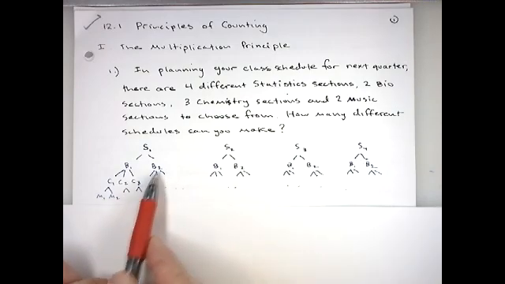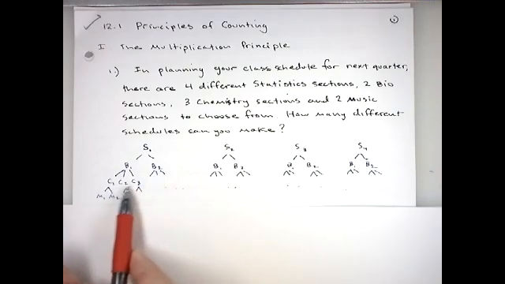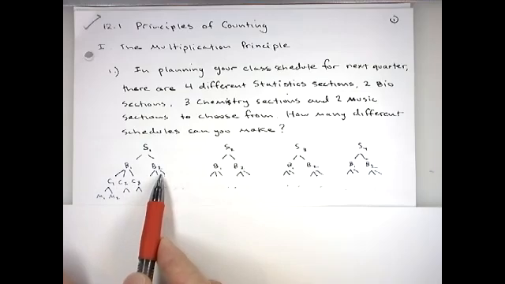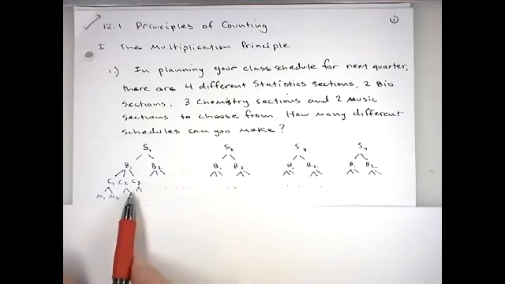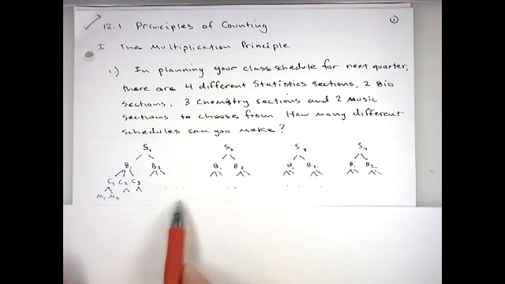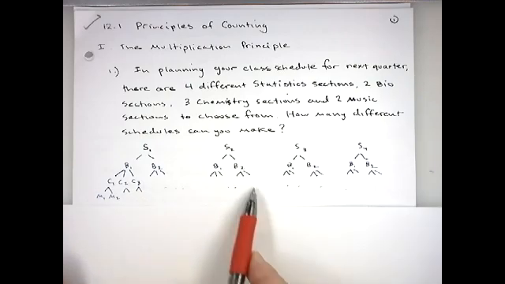Once you pick your bio sections, then you have 3 chemistry sections to choose from. So you can imagine 3 branches coming off from each of these bio sections here. And once you choose your chemistry, then you have 2 music sections to choose from. So you can kind of imagine finishing off this tree diagram.